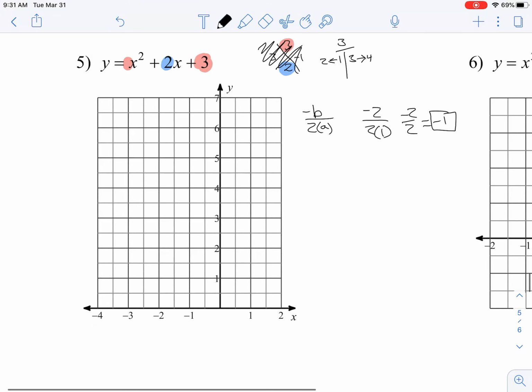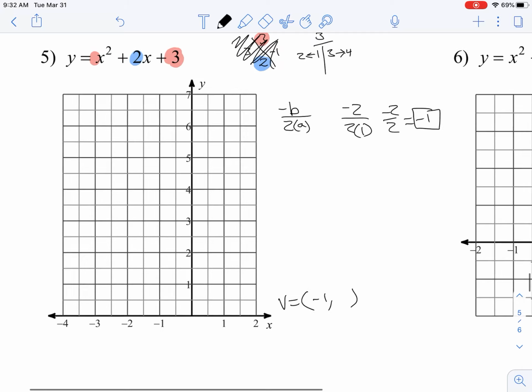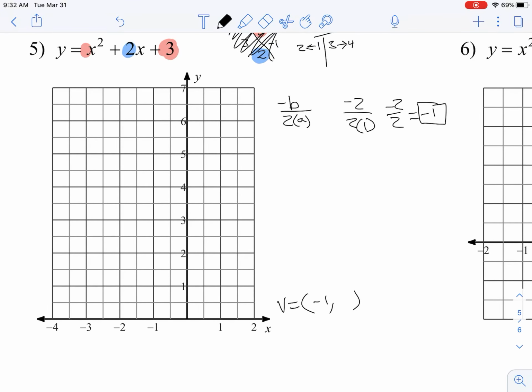So the first point in our vertex is negative 1, comma, we don't know what the second point is yet. We can find the second point by plugging that in. So y equals a number squared plus 2 times a number plus 3. And where did I get that from? I got this from our original equation over here.